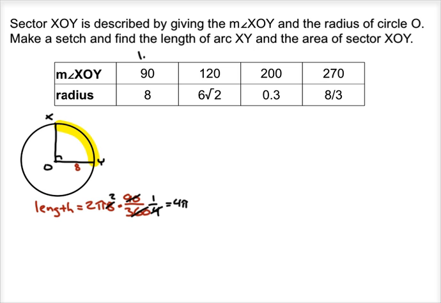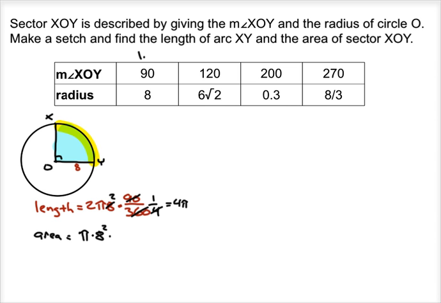Now let's find the area of the sector. I'm going to look at my diagram and think, what's the area of this piece right here? I know how to find the area of an entire circle, and the entire circle is pi times the radius squared. But I'm not finding a whole circle.